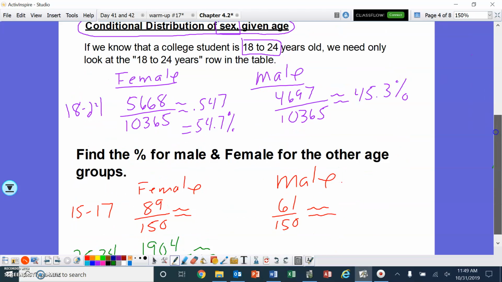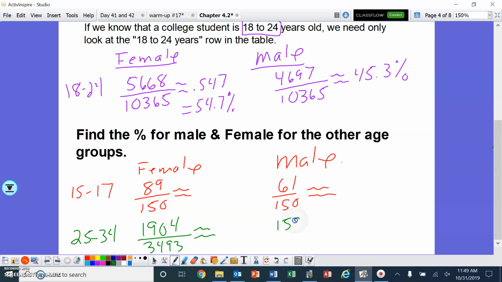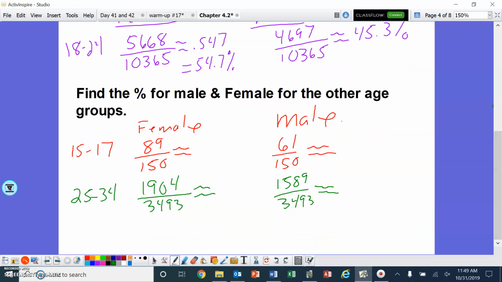And the 1589 divided by the 3493. Again, the condition is the age group, and we're looking at what is the percent for the male and female for that, for each age group.